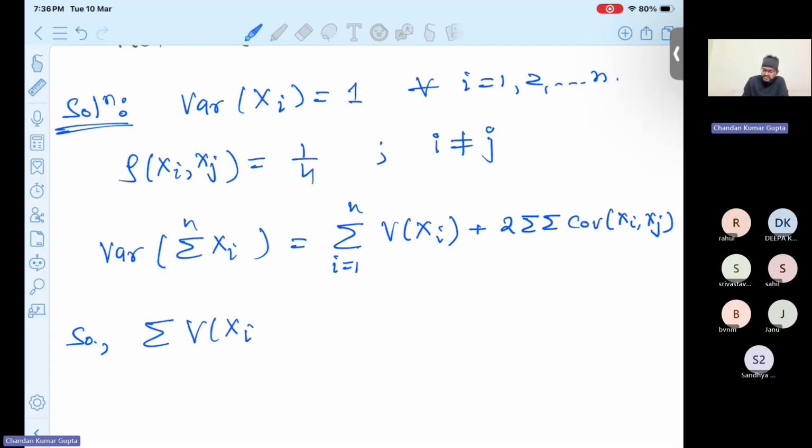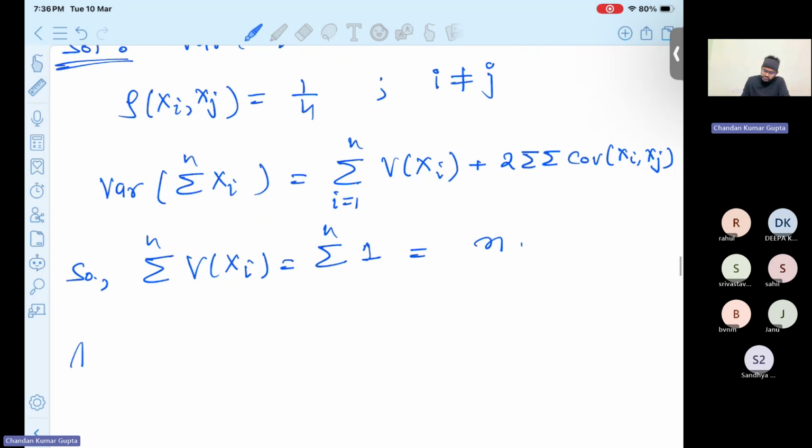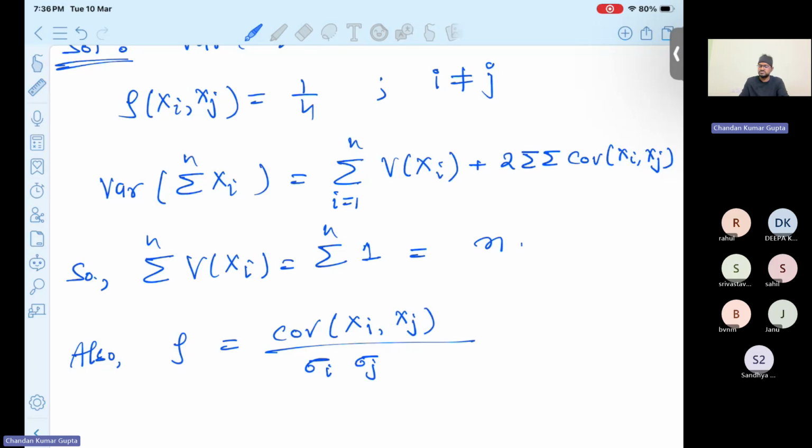So the summation of variance of xi, can anyone tell me? It's the summation of 1, which is equal to n, because every random variable has variance equal to 1, so it comes out to be n. And also, the correlation coefficient is the covariance between xi and xj divided by sigma i sigma j.